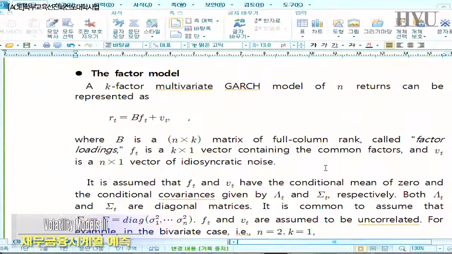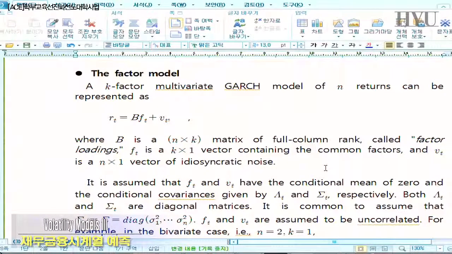Think about why the components in this vector r_t change. Why do they vary over time? Well, we think the source of that variation is from two things. First, something common. So if this is, let's say, 10 variables, this one is one series, the common series.